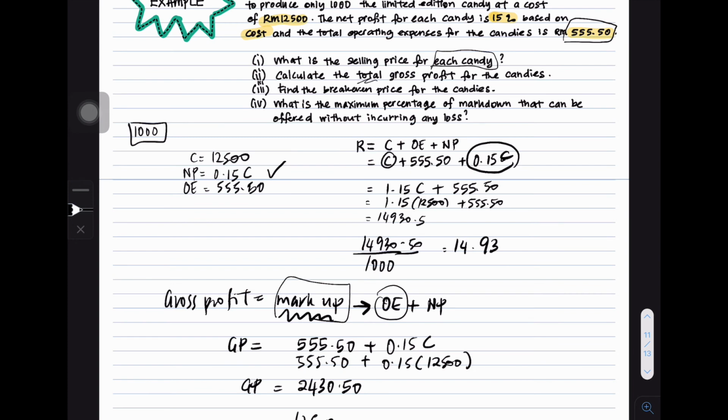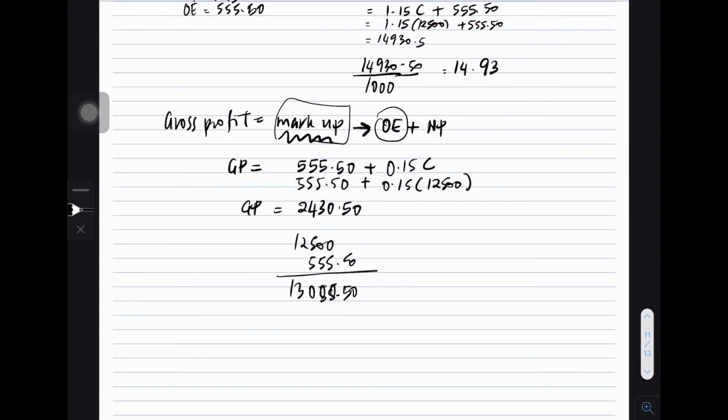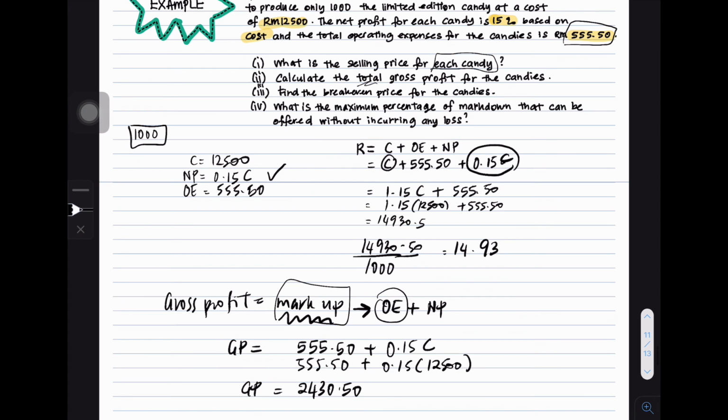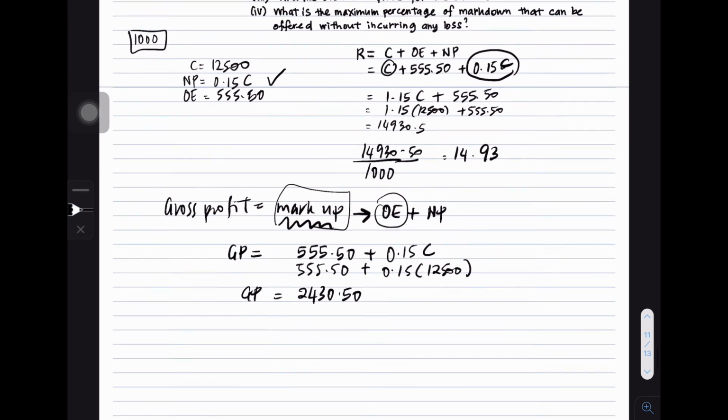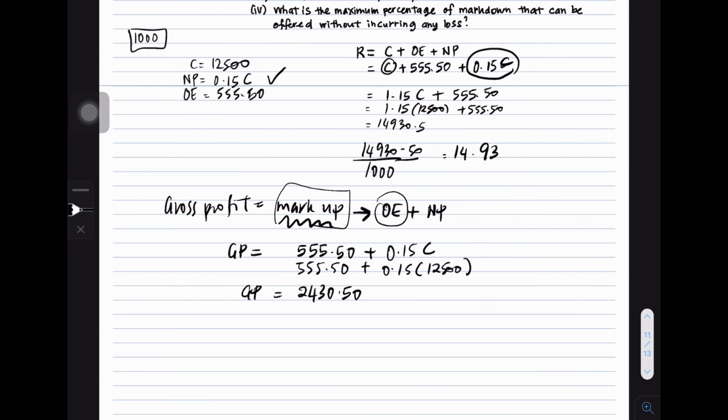Alright. Okay. Then question number 3. Question asks you to find the break-even price for the candies. Okay, so break-even price adalah RB. So break-even price adalah the cost tambah dengan operating expenses.